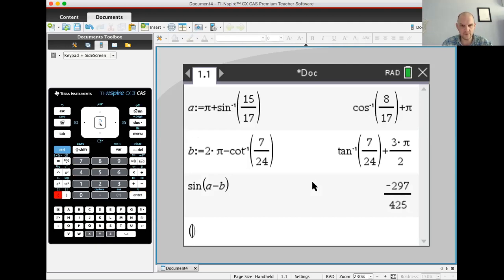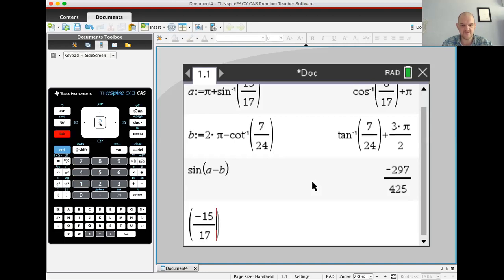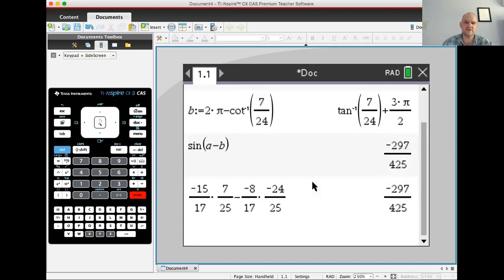According to my work, it should be negative 15 over 17 times 7 over 25, minus negative 8 over 17 times negative 24 over 25. Let me press enter. Okay, so we got it.